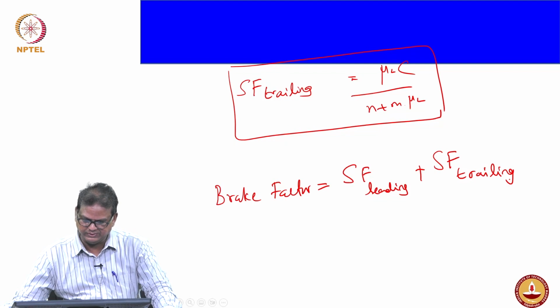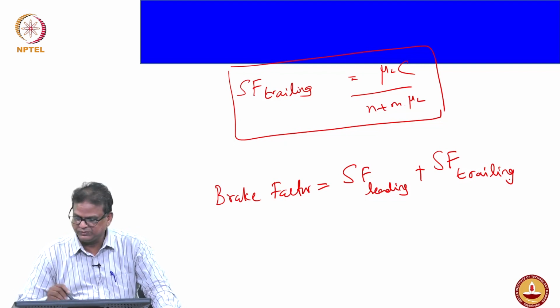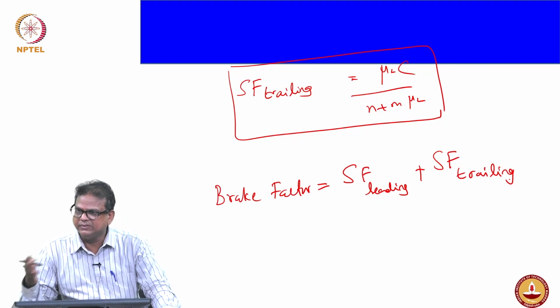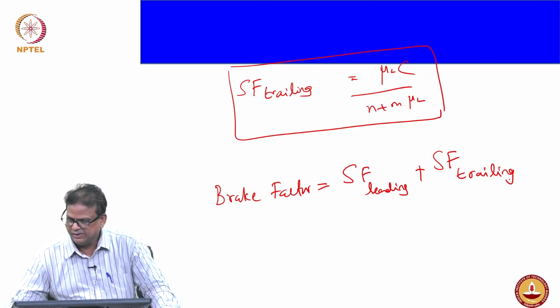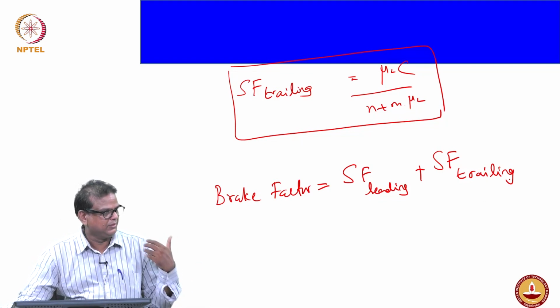I think this is clear to you. The brake factor equals the shoe factor of trailing plus the shoe factor of leading; both need to be added. Similarly, if you have two leading shoes, it will be 2 times, and so it is for S-cam as well as servo disc also.